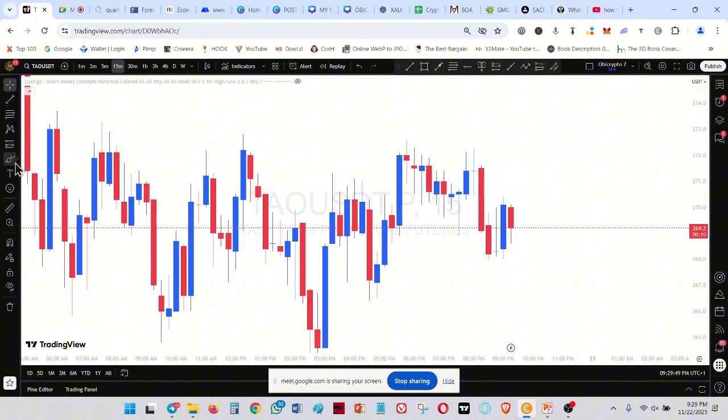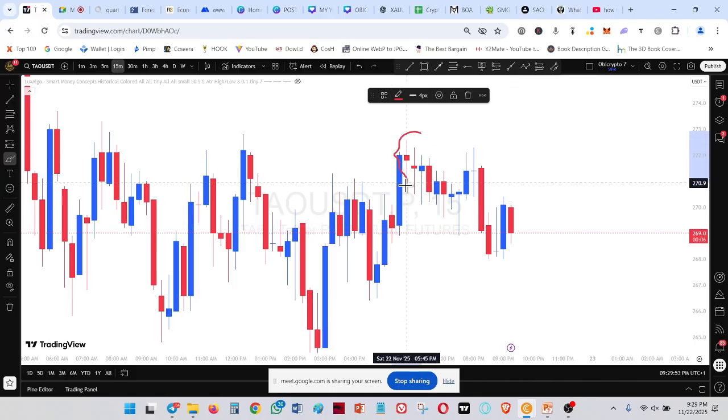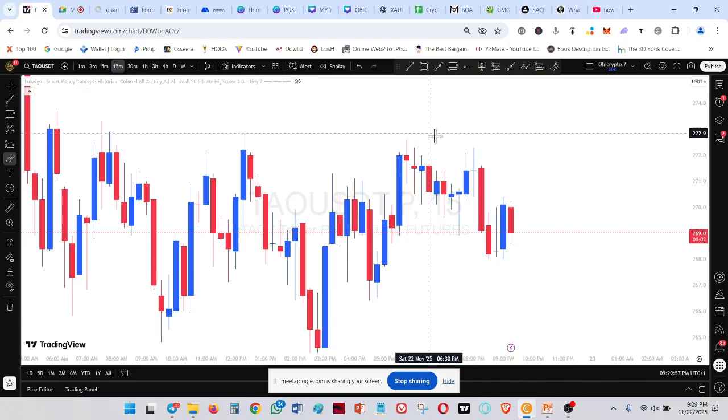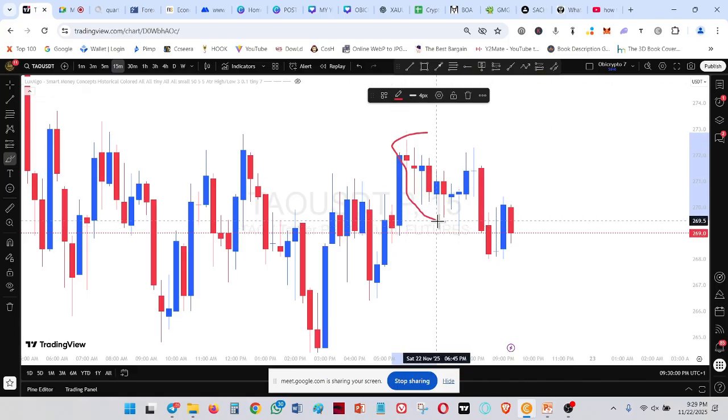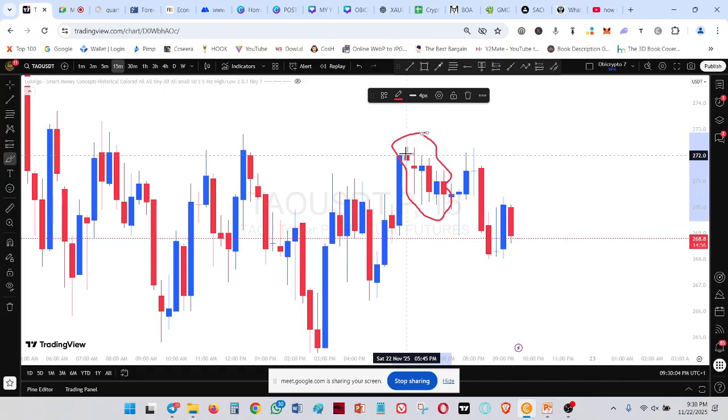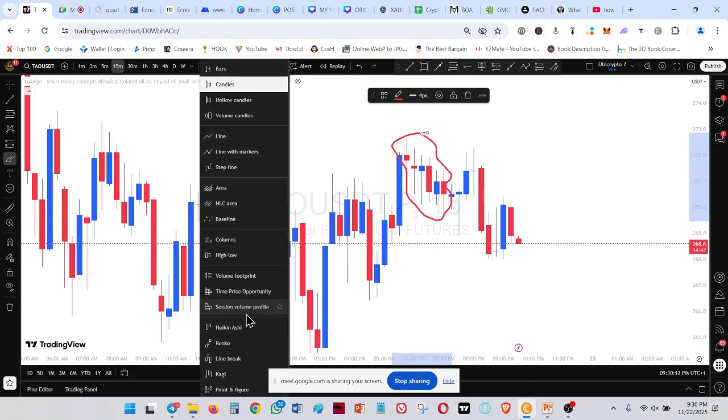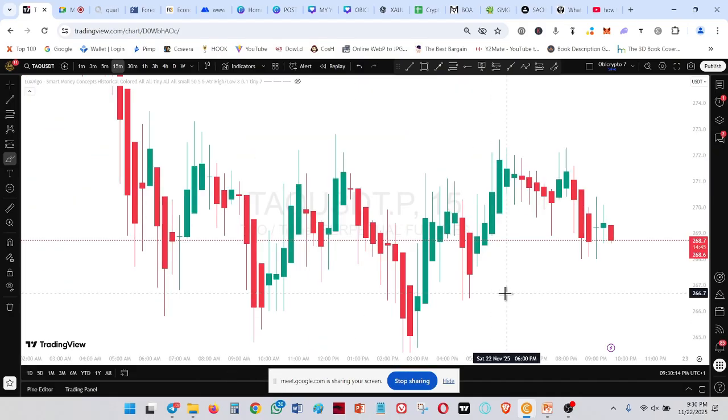Let me circle this region here. If you notice from here to this area, what we have is red, blue, red, red. We have two blues. But if I change it to Heikin Ashi, watch what is going to happen.